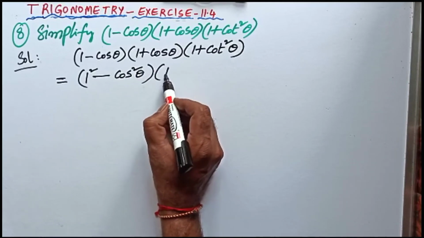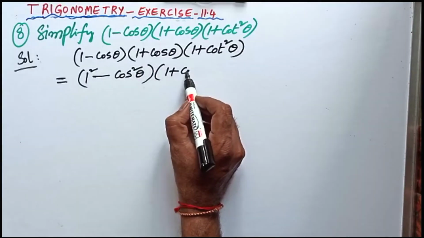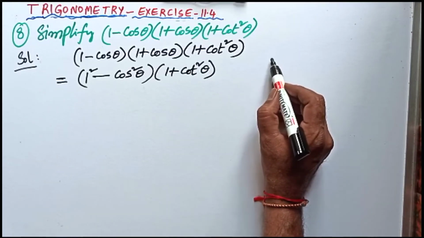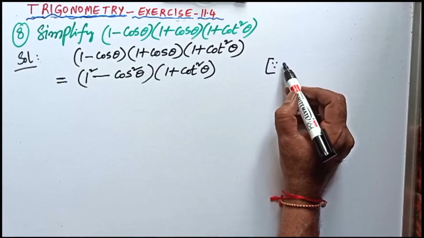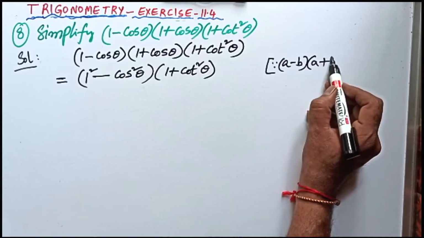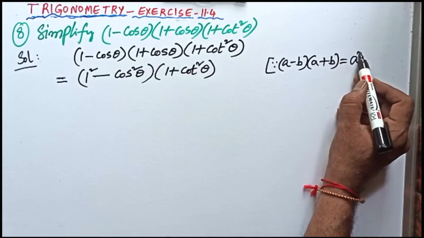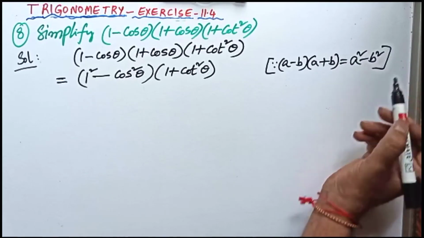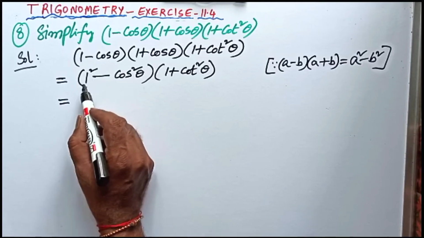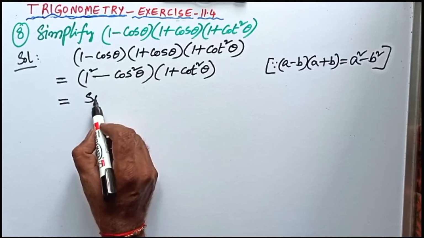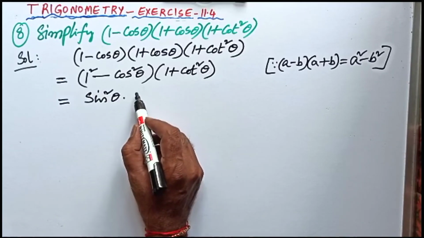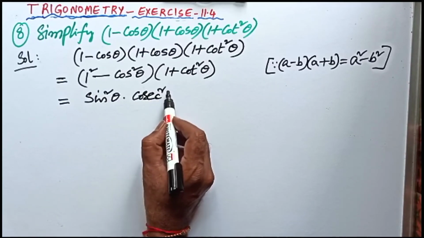Okay, so in this term, 1 plus cot square theta. In this term we used one formula, that is (a minus b) into (a plus b) is equal to a square minus b square. Now what is 1 minus cos square theta? 1 square means 1. 1 minus cos square theta is equal to sin square theta. And now 1 plus cot square theta means cosecant square theta.